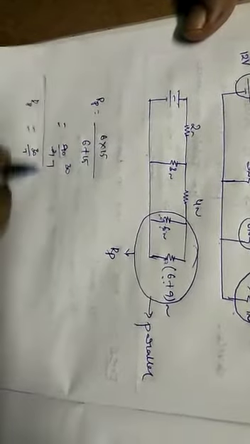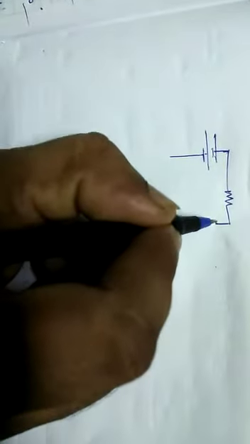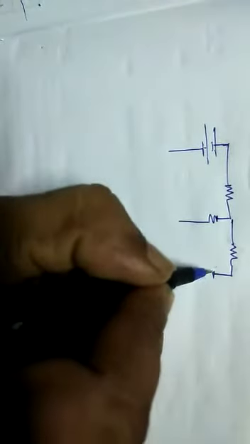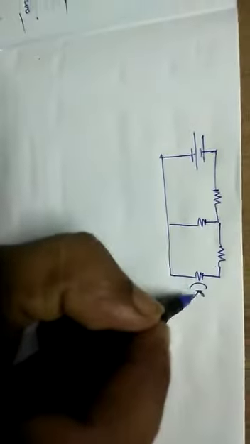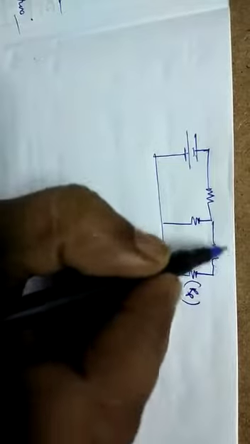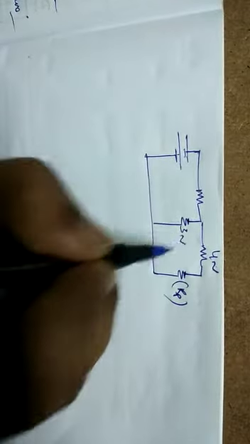This is Rp. So again the circuit can be drawn here like this. So here Rp, and this is 4 ohms, and this is 3 ohms, and this is 2 ohms.